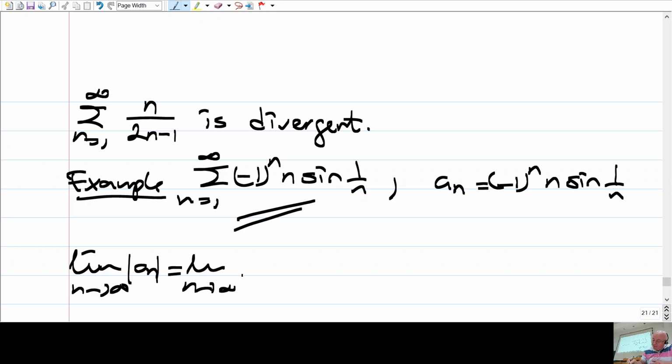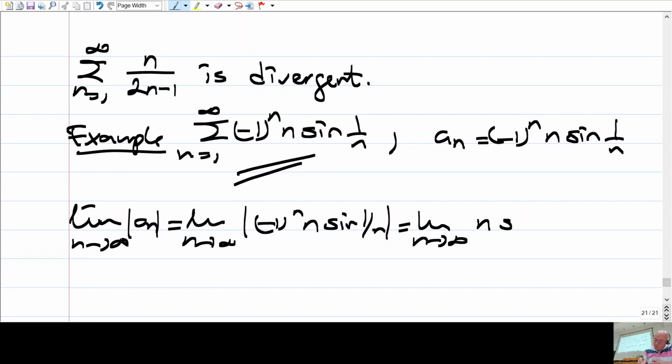Actually, let's look at its absolute value. So it is the absolute value of minus 1 to the power n times n sine 1 over n. So this is just the limit of n times sine 1 over n. You may object, why, this is positive, right? Absolute value of something should be positive.